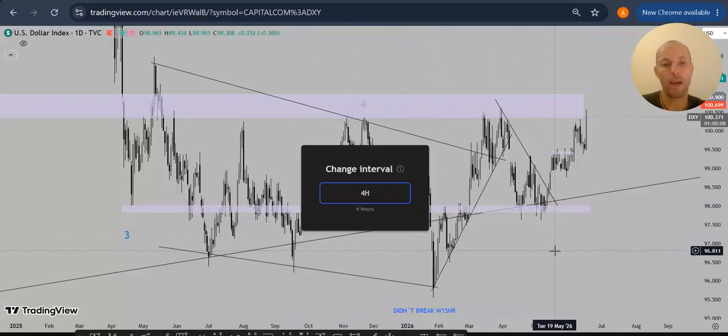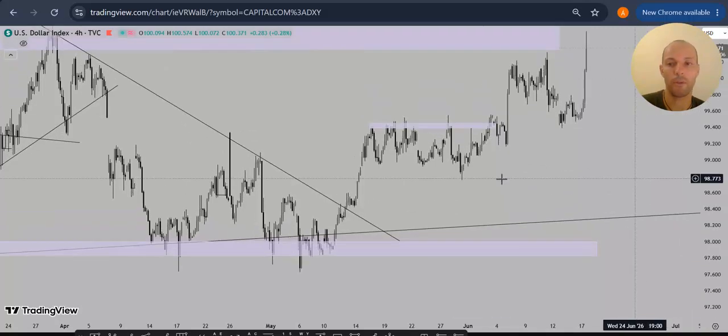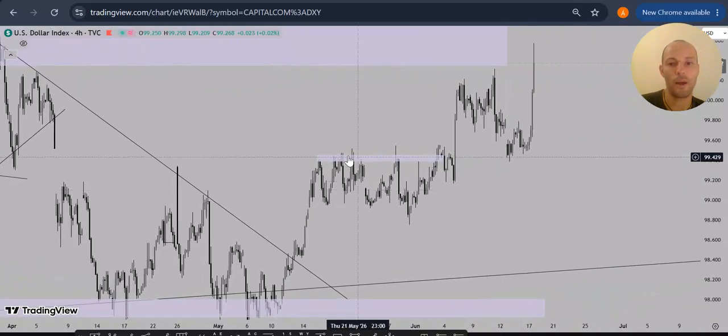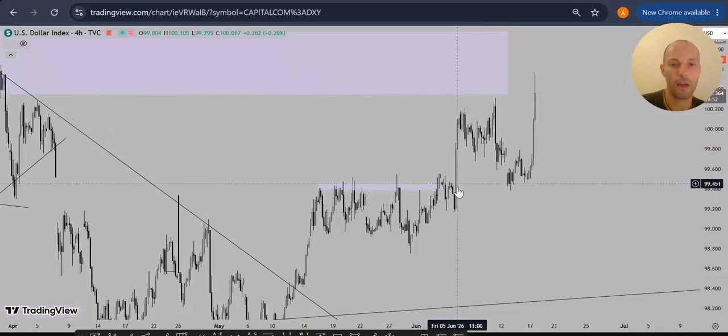Now let's go down to the 4-hour time frame. It breaks this trend line over here, goes here, creates this resistance area. And again, look at the size of these bullish candles and look at the size of these bearish candles.